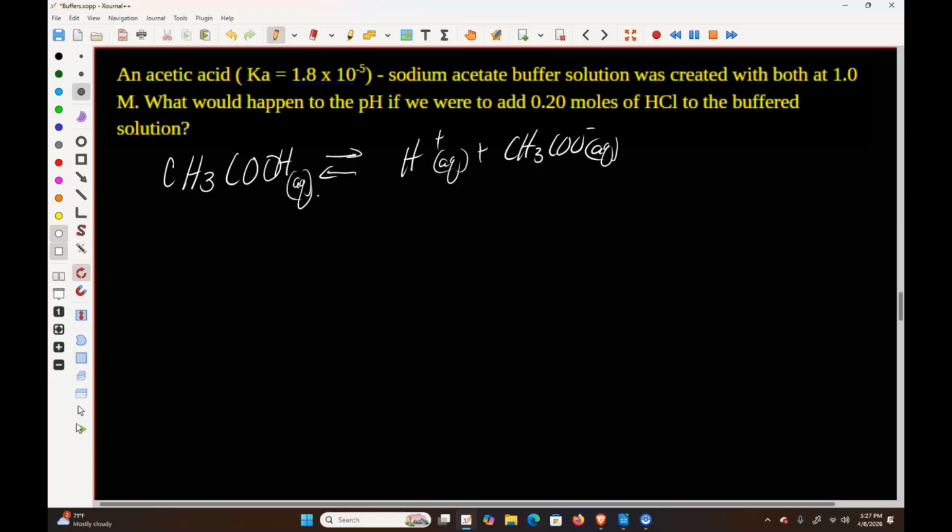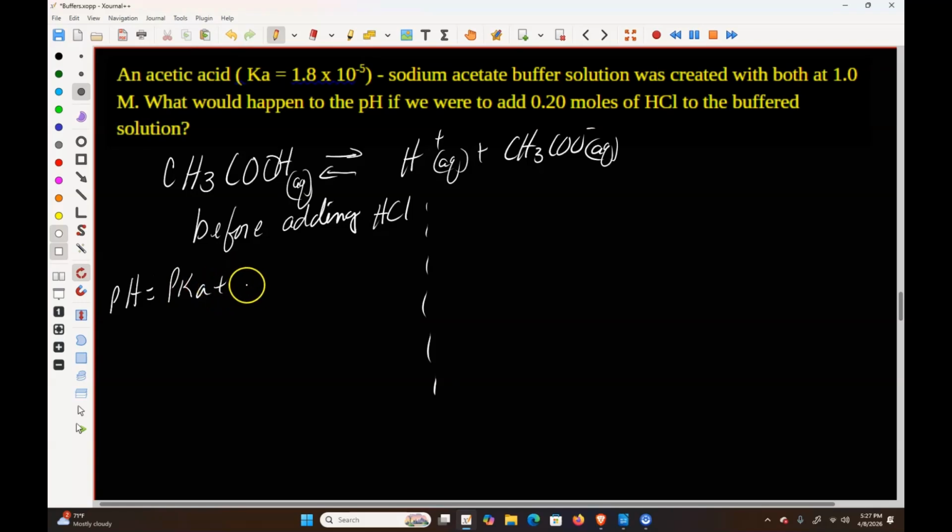Okay, before I add the HCl, let's do it here on the left side. So the pH is equal to pKa plus the log of the base over the acid.